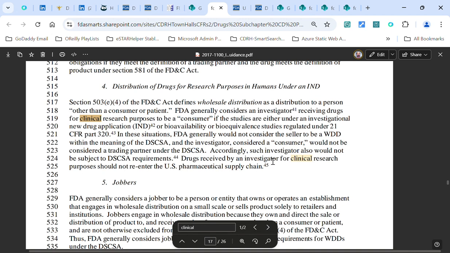Drugs received by an investigator for clinical research should not re-enter the U.S. pharmaceutical supply chain. So that's the caveat: one can use drugs for clinical research purposes, and that is exempted from DSCSA requirements. But, mind you, those drugs that are shipped for clinical research purposes cannot re-enter and be consumed in the normal course of things.